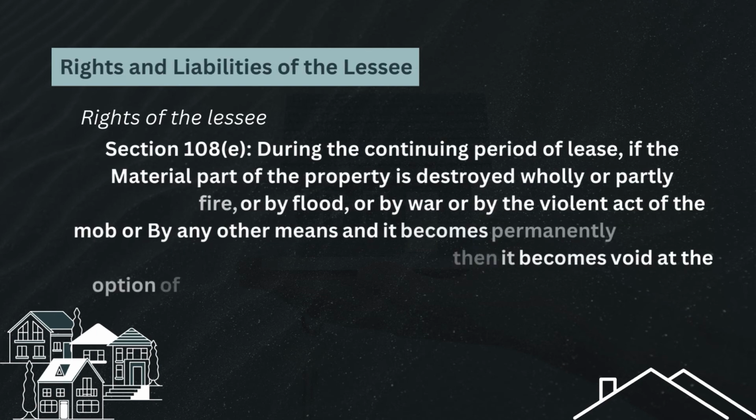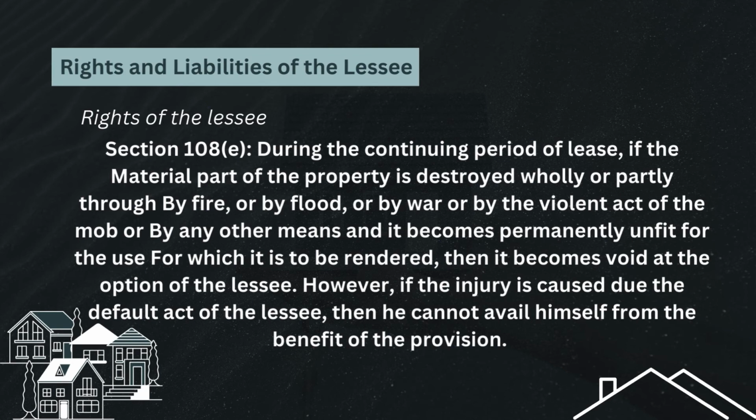Section 108 clause E: during the continuing period of the lease, if a material part of the property is destroyed wholly or partly by fire, flood, war, violent act of a mob or any other means, and it becomes permanently unfit for the use for which it was rented, then the lease becomes void at the option of the lessee.